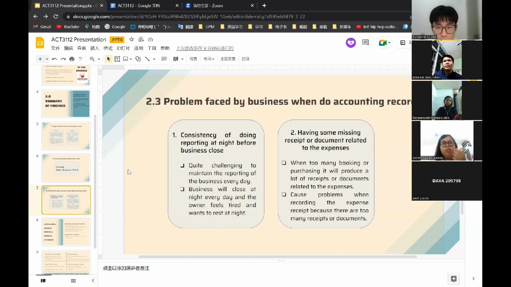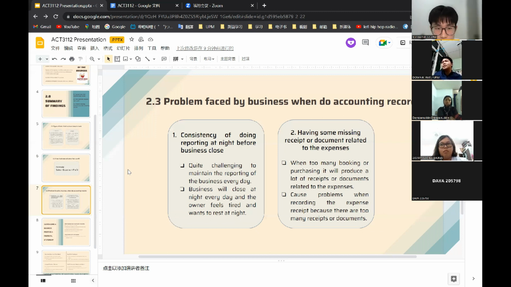This is the first problem. The second problem is having some missing receipts or documents related to the expenses.